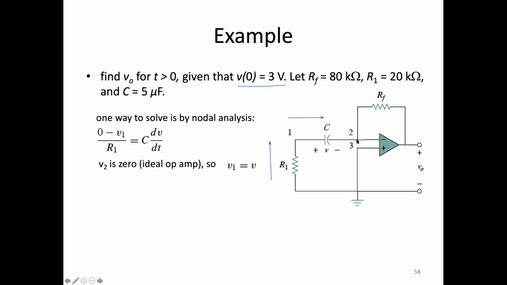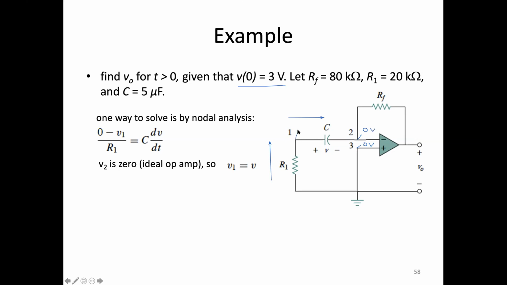And we also know that V2 is 0 because of the ideal op-amp assumption. And therefore, I'm going to do my best to annotate this without losing my cursor, but basically this node here is sitting at 0 volts, and this node here is also sitting at 0 volts.